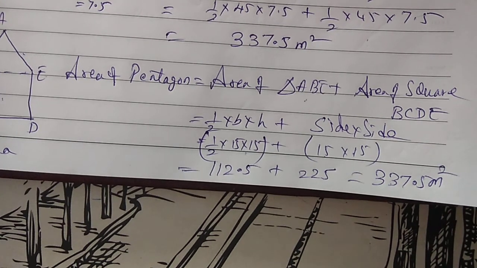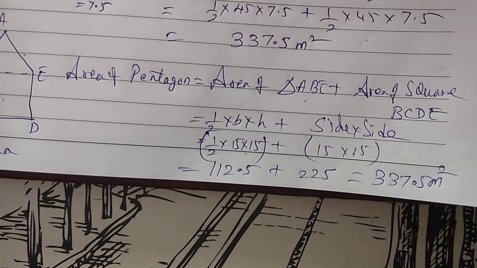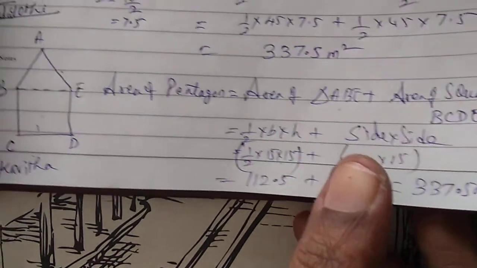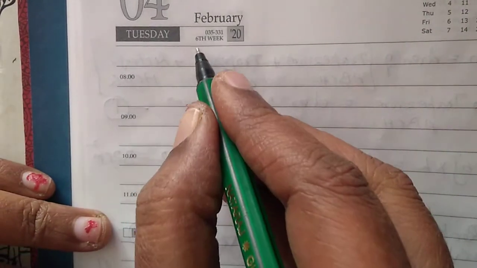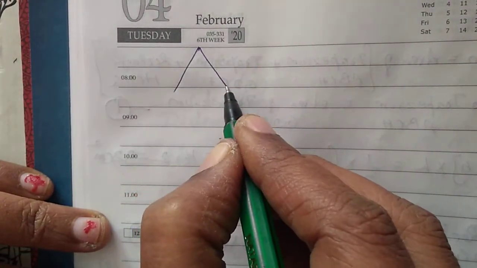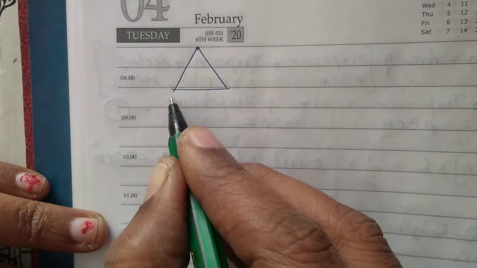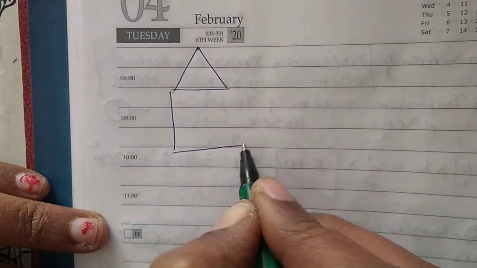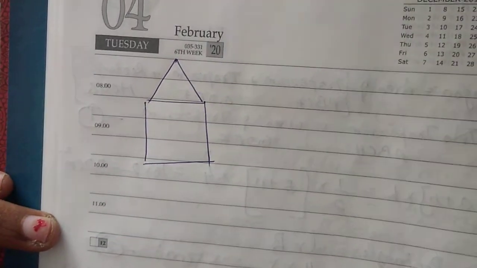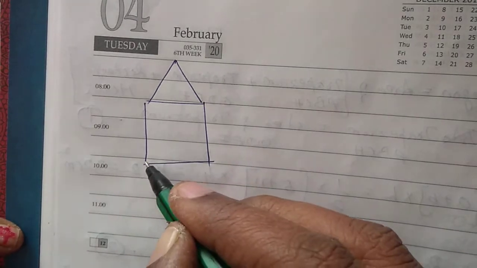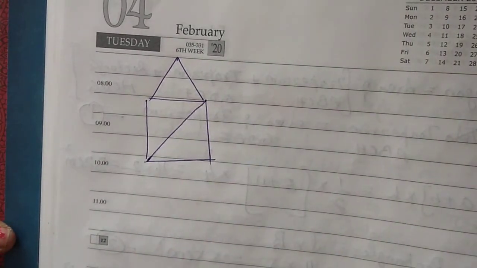So we are going to check now how we are going to do it. So the pentagon, what is given? This is like one triangle, and here one more shape. You can see it here. We can find it in two parts.